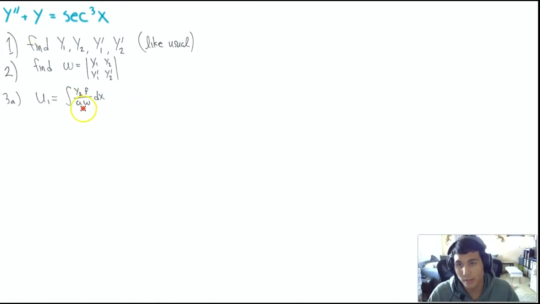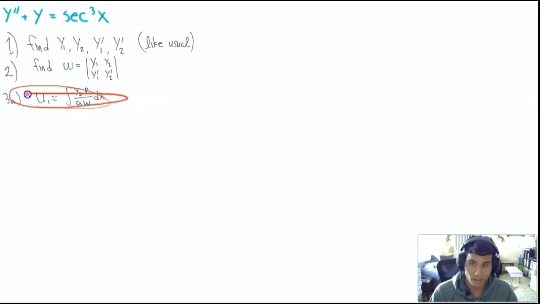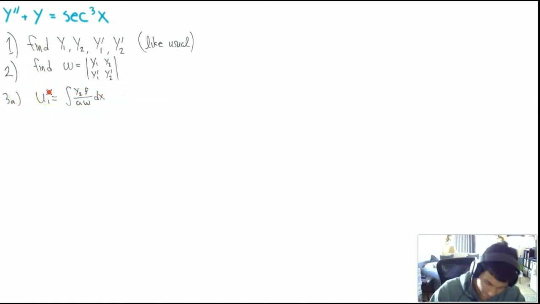And another way it may not be just 1. Let's just say it was x squared y double prime. Then we need to divide y double prime by x squared. So we get rid of the x squared, and then it'll be x squared under here. So then a would be x squared. Now we're going to have a case like that later. But for this sake, this is the formula that we're going to use to find u1. And u2 is very similar.